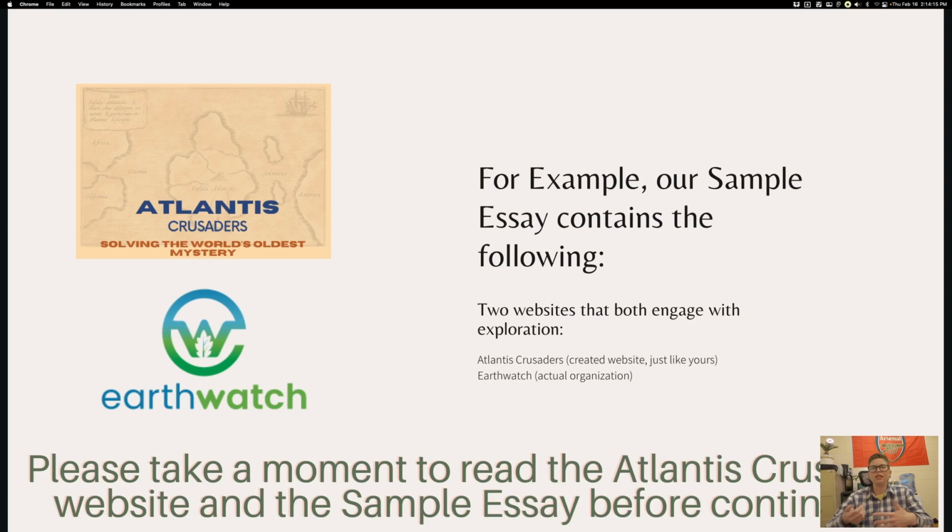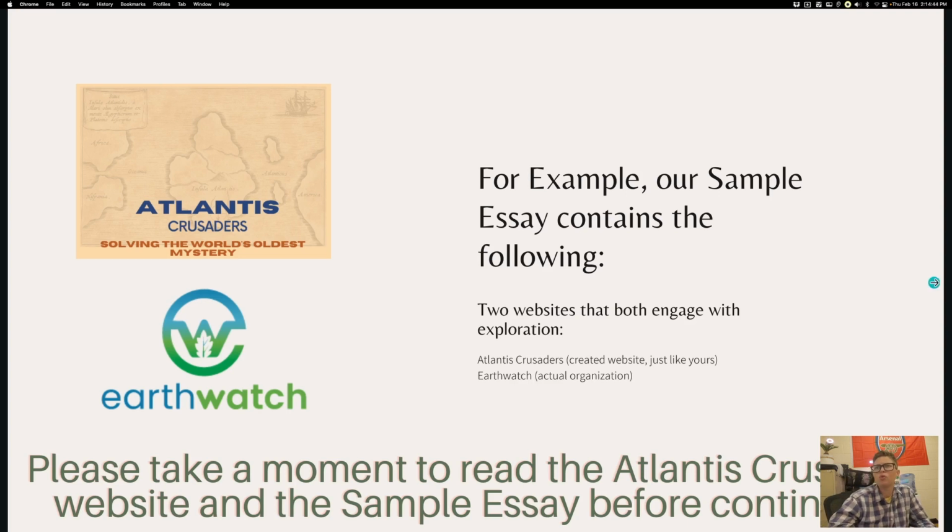That is essentially a major similarity between them, and both of them have this kind of altruistic angle that they're trying to take. All right, so Atlantis Crusaders is a created website just like either We Found Fido or Global Warming Consortium, and Earthwatch is an actual legitimate organization, which actually seems really, really cool. So just putting that out there for you.